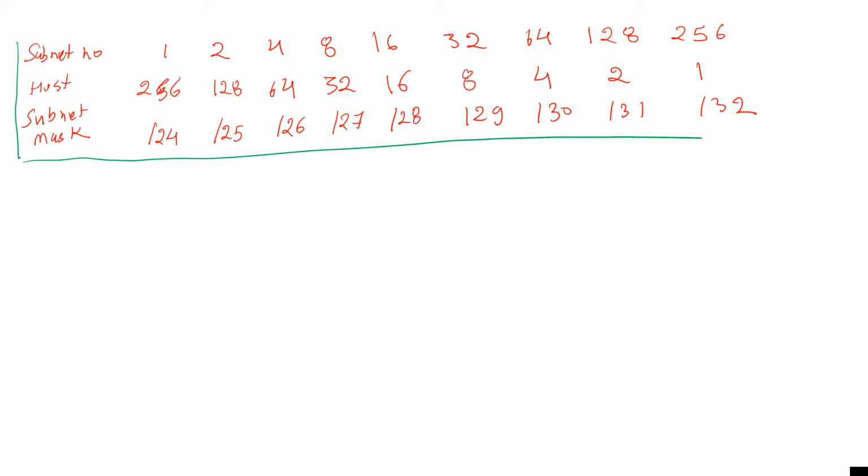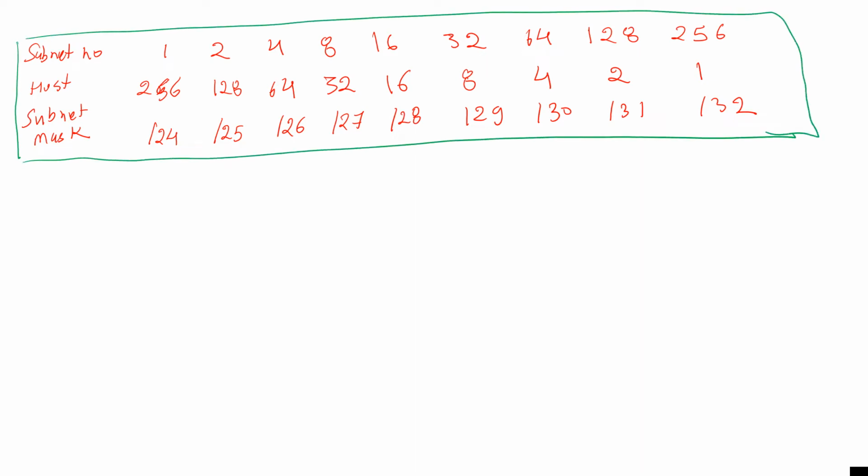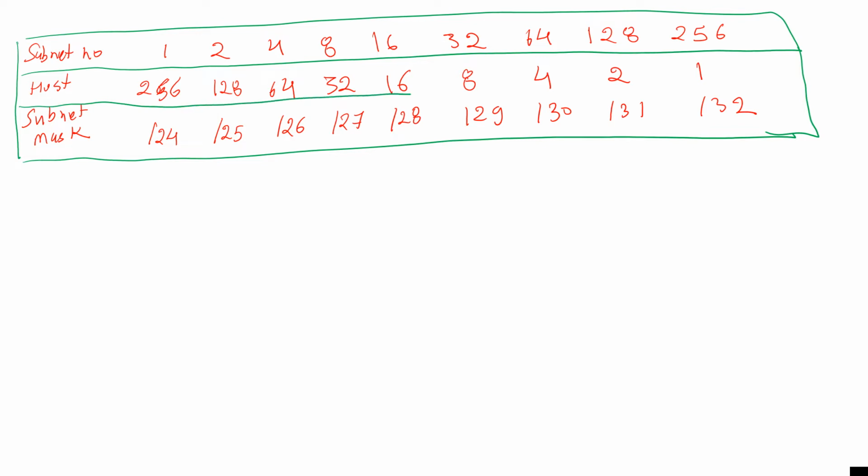Let's try to understand this table. So this is my subnet number, this is the total host, and this way we can divide it in the columns.